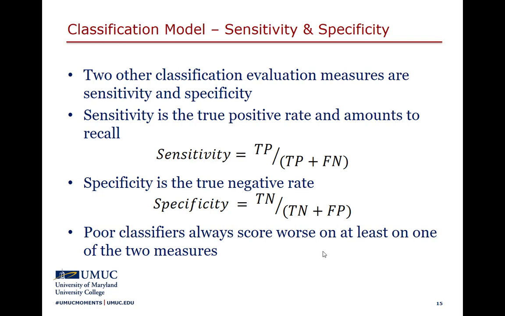Okay. In general, poor classifiers always score worse on one or the other, right? If the model is not an optimal model, it tends to have one of these metrics worse than the other.